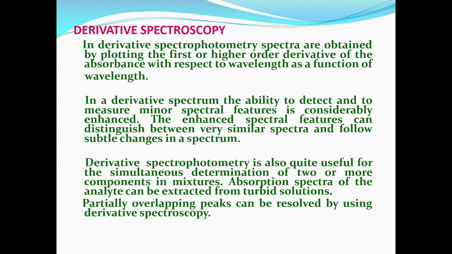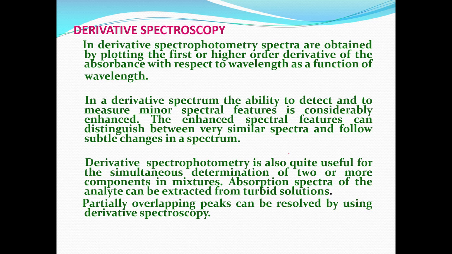Now, absorption spectra of the analyte can also be extracted from turbid solutions. This is another very important advantage of derivative spectroscopy. Partially overlapping peaks can also be resolved very well by using derivative spectroscopy.